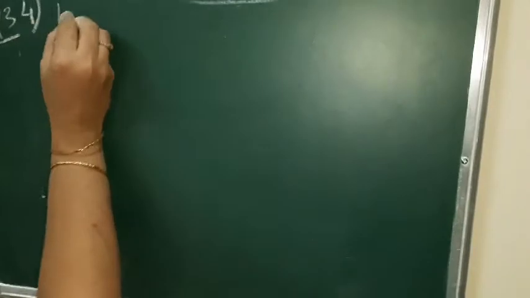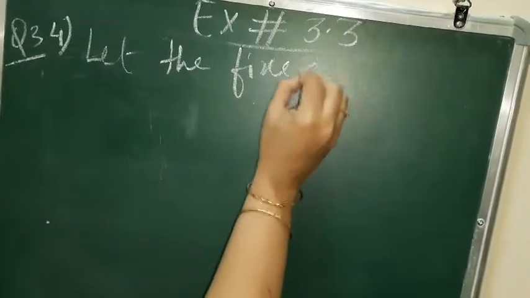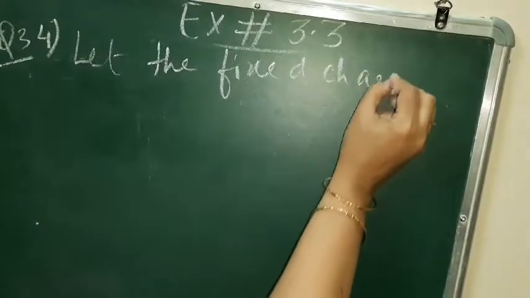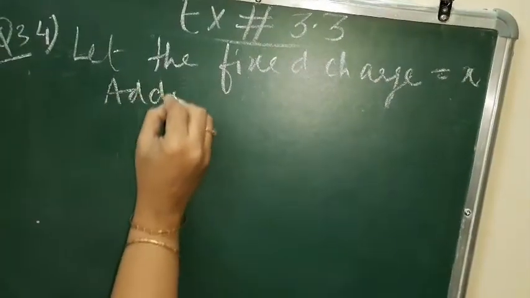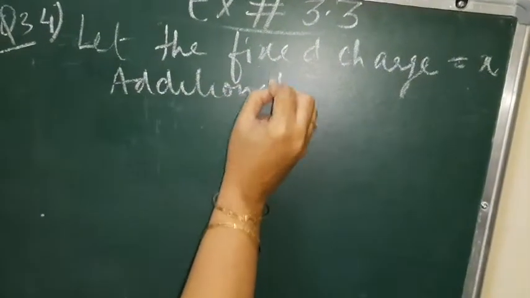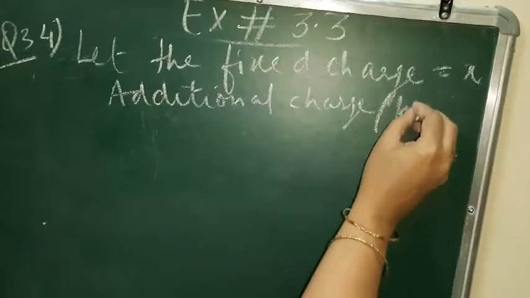For a distance of 10 km, the charge paid is rupees 105. So first, two charges are there. Let the fixed charge, which we don't know, be x. Let the additional charge per kilometer be y.